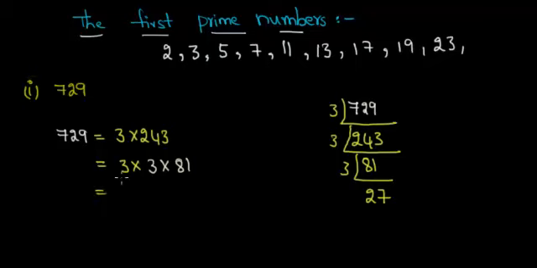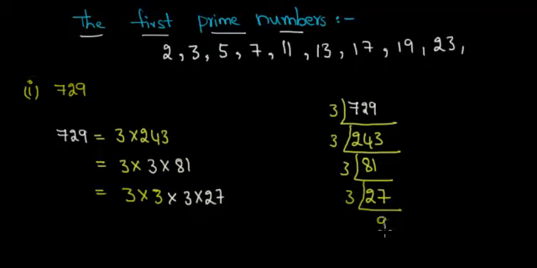So we write 3 times 3 as it is, and then express 81 as a product of 3 and 27. That means 81 is written as 3 times 27. And then we take this 27 and we see, does 2 go in 27? No. Then we take 3 and ask ourselves, does 3 go in 27? Yes.